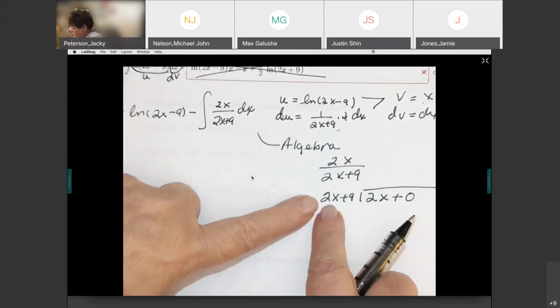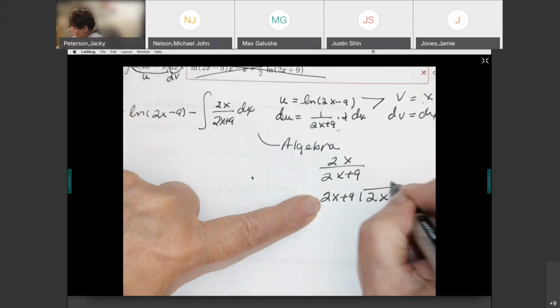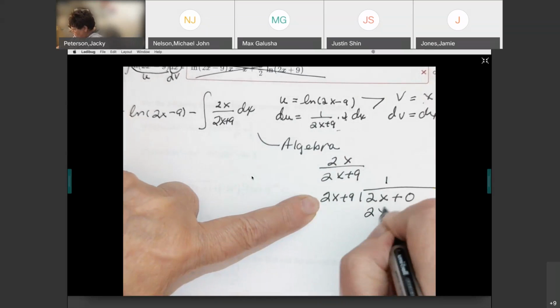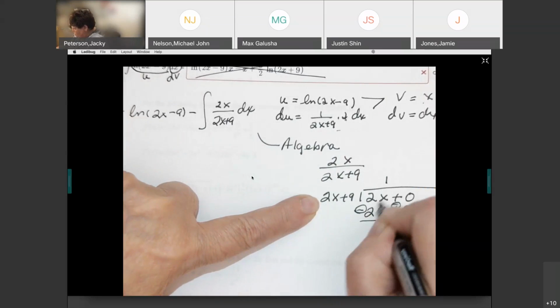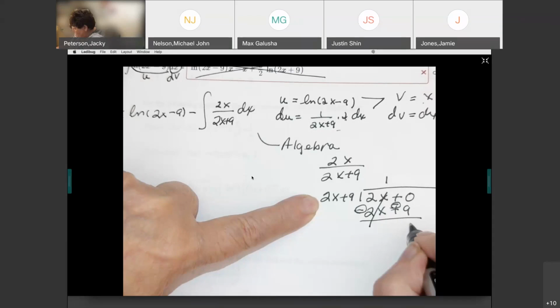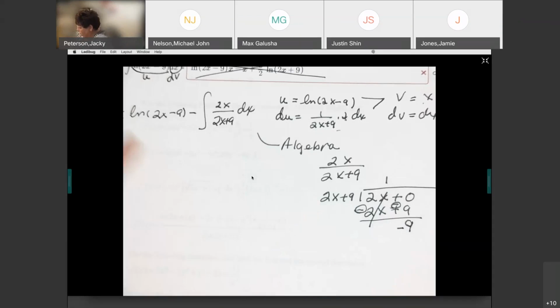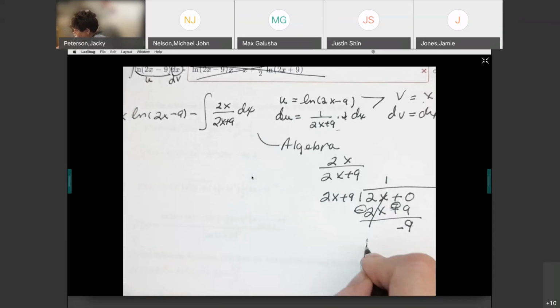So what do I multiply 2x by to get 2x? You'd say 1. So this is 2x plus 9. Then you subtract, which changes the signs. 2x drops out. Then I end up with a minus 9. So this is 1 minus 9 over 2x plus 9. And you can integrate this because this is just natural log, and that's just x.